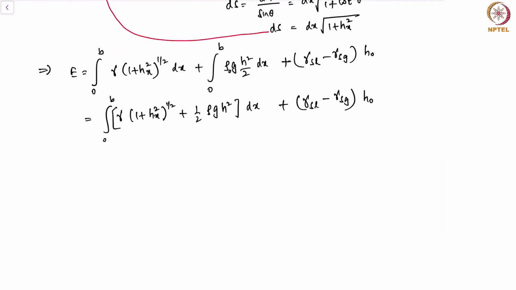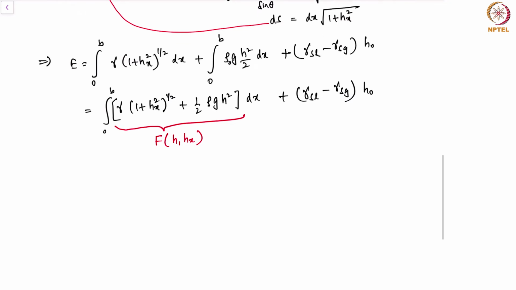Okay. Now if you notice here, this quantity, the integrand here, is of the form f of h comma hx. Okay.